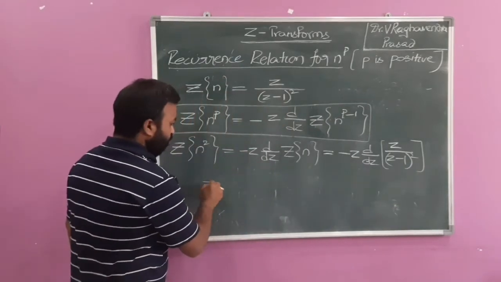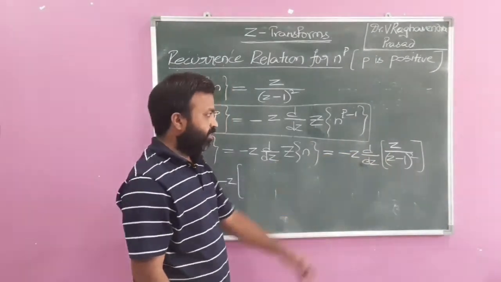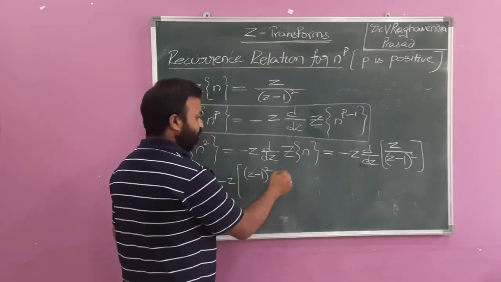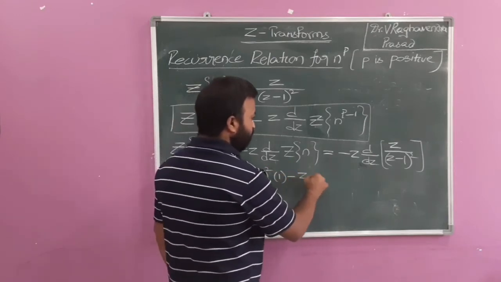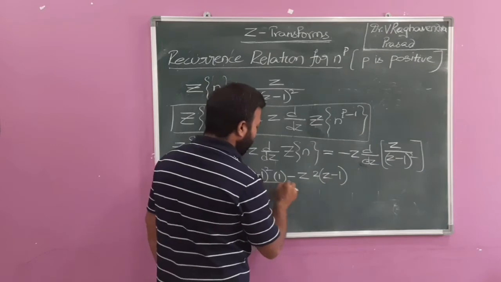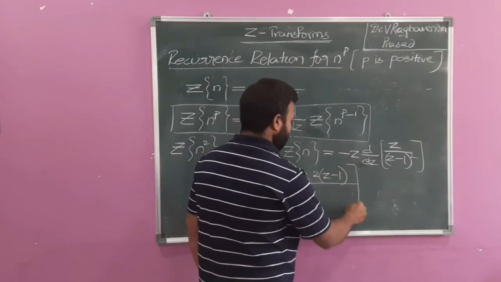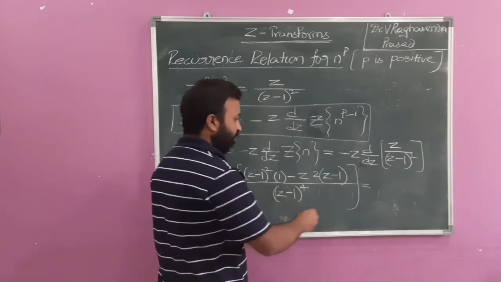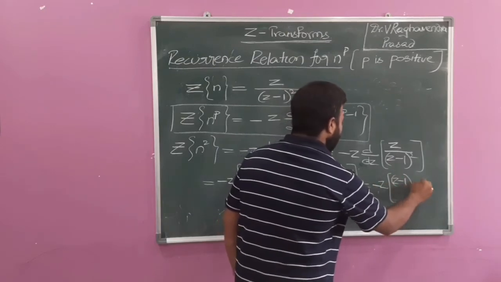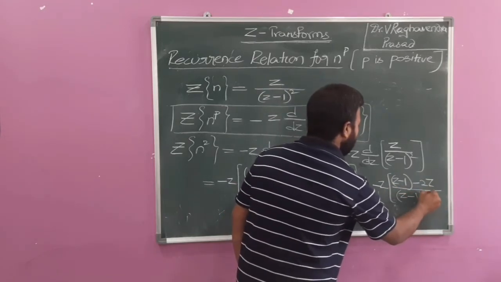Now this is equal to minus z into, by using the differentiation of u by v formula, v u dash, that is z minus 1 whole square into u dash, z derivative is 1, minus u into v dash, v dash is 2 into z minus 1, by v square, that is z minus 1 whole power 4 here. By taking z minus 1 term as common, we get minus z into z minus 1 minus 2z by z minus 1 whole cube.